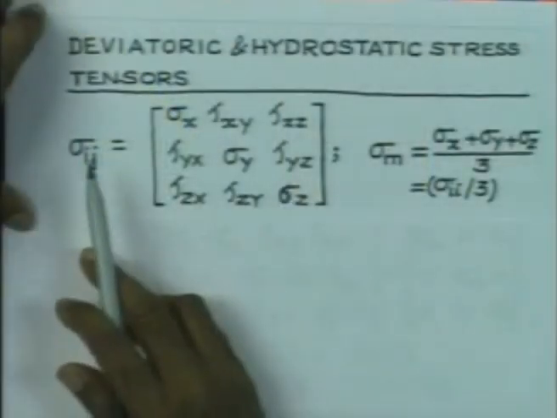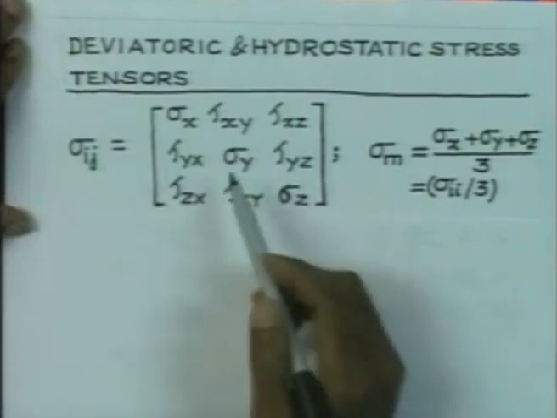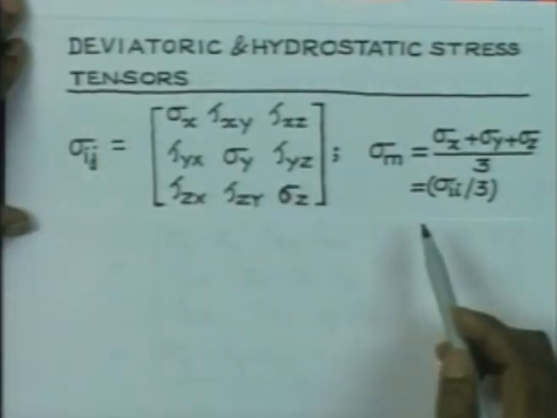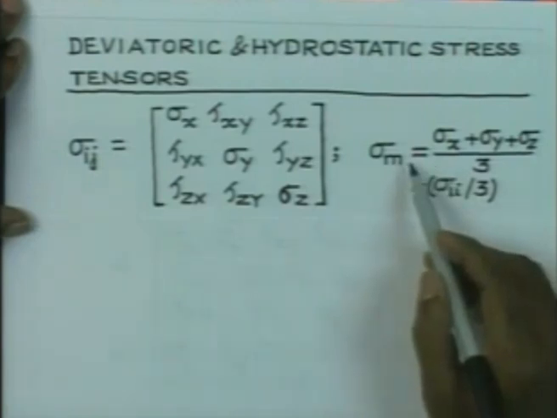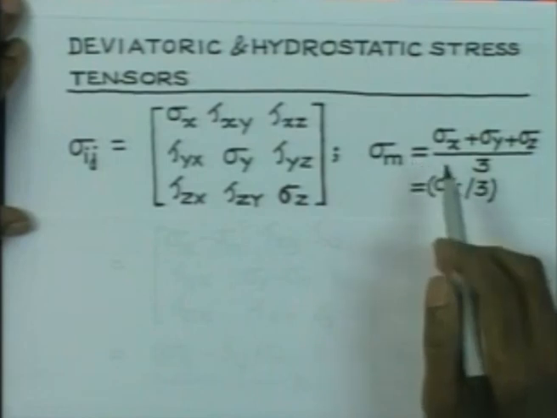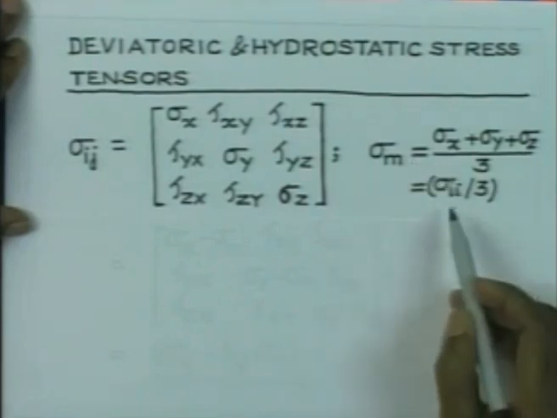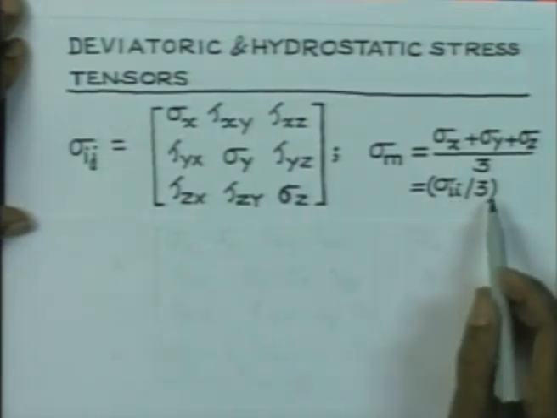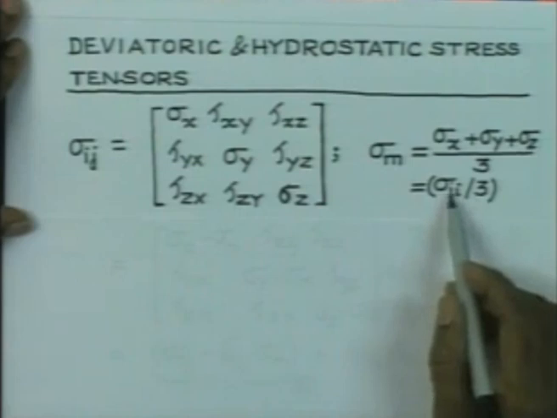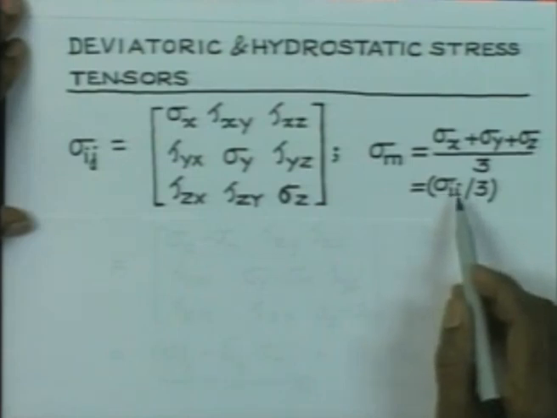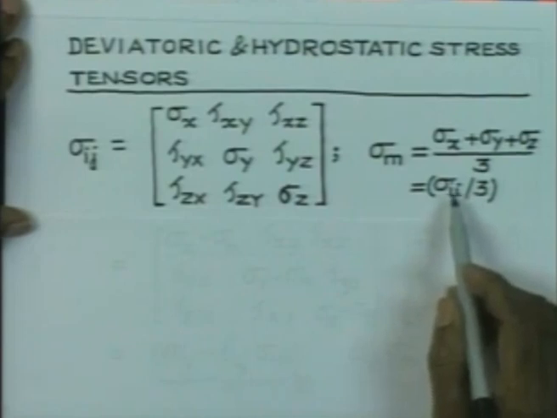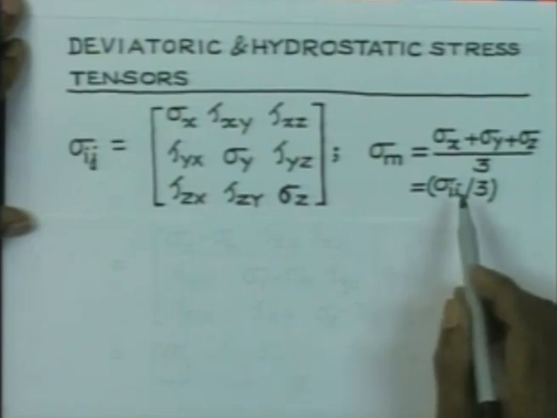If you consider the stress tensor at a point, sigma ij, which is given by this matrix, the mean stress at the point is given by sigma x plus sigma y plus sigma z by 3, which can also be written in tensor notation as sigma ii by 3. Since the index i is repeated, it implies a summation. This means that it is equal to sigma xx plus sigma yy plus sigma zz by 3.